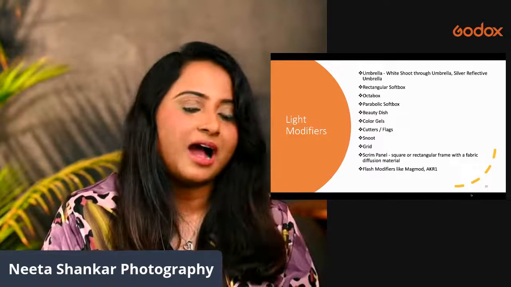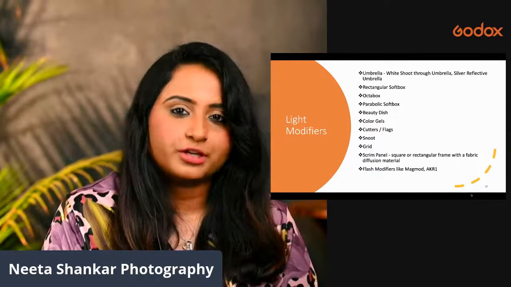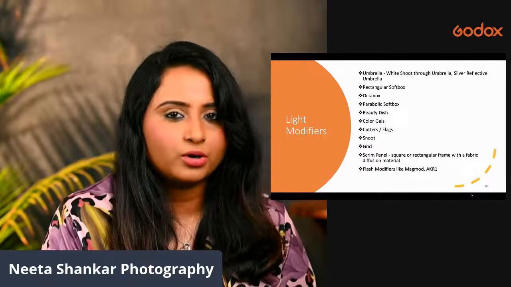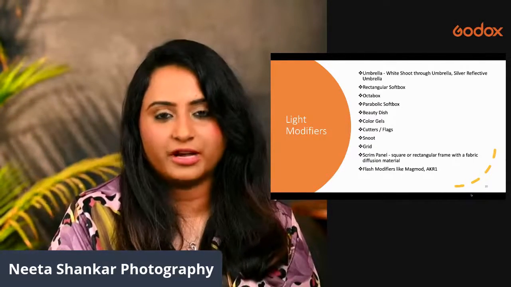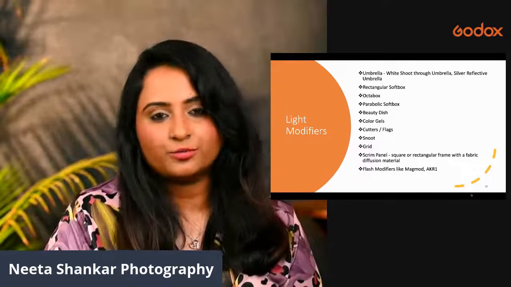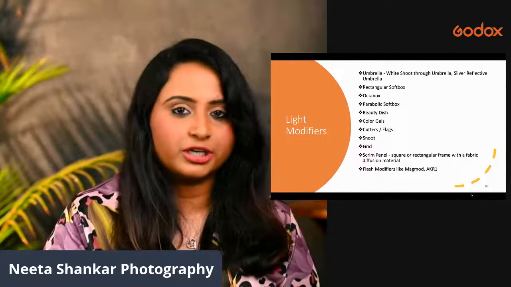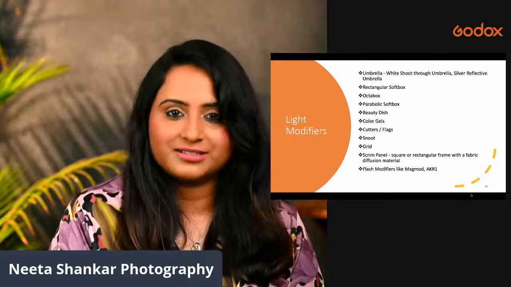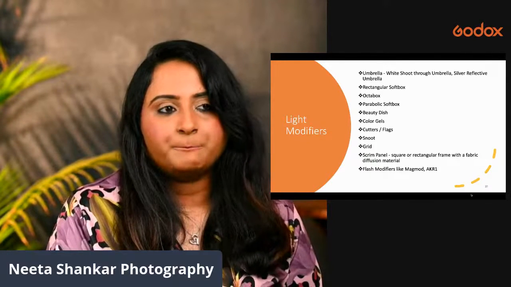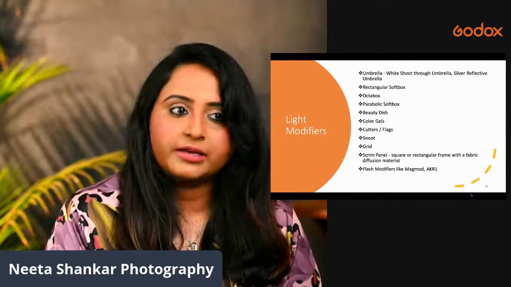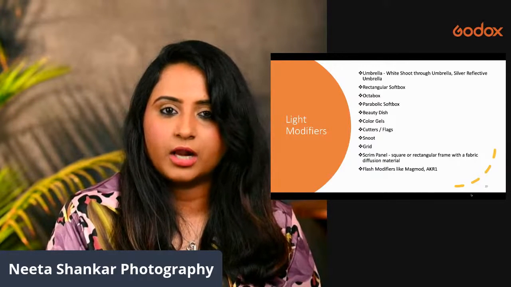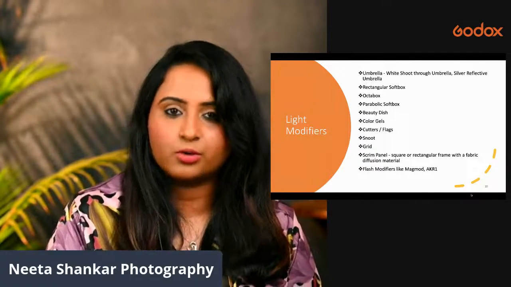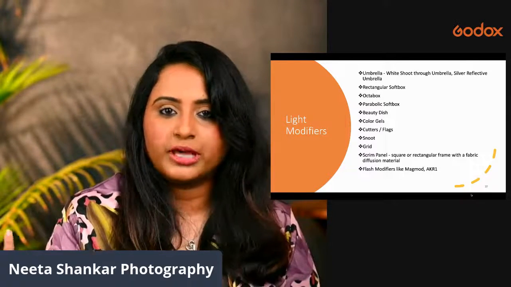So I use the parabolic softbox when we are shooting outdoors, and if we are shooting indoors, I use a variety of modifiers, right from rectangular softboxes to octaboxes to beauty dishes, depending on what kind of result I want to achieve. In weddings, of course, I don't carry bulky modifiers, because a lot of time goes into setting them up and moving them around.